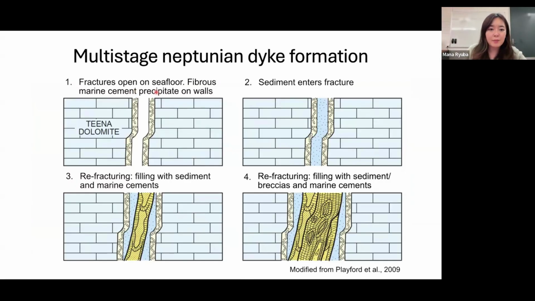Essentially you have the first phase of Neptunian dike forming, where you have the fracture opening, fibrous cements precipitating on the walls, and also sediment entering those fractures. When you have another refracturing event, you have this second generation of cements and sediment infilling these fractures. And then when you refracture that Neptunian dike again, you can come up with these really complicated textures.